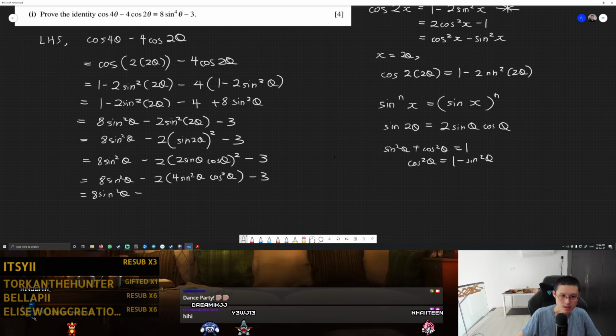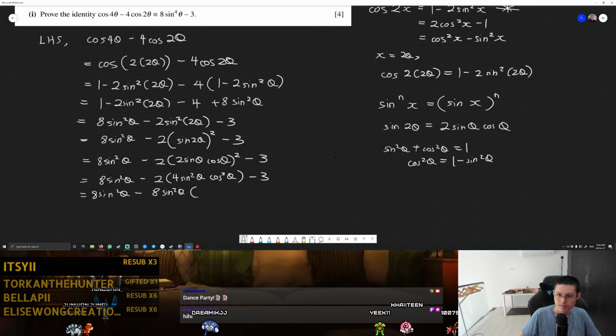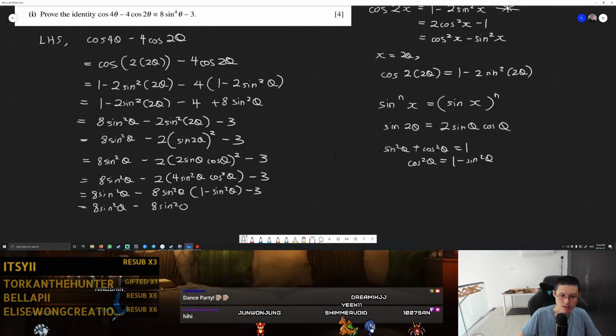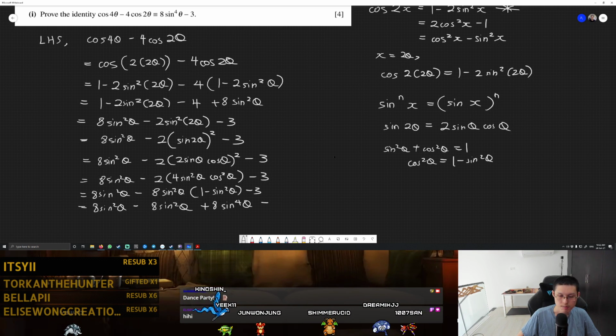So that's going to give me 2 times 4. You know what? Let me just write it like that: 1 minus sine squared theta. So expanding this, we get 8 sine squared theta plus 8 sine to the power of 4 theta minus 3.